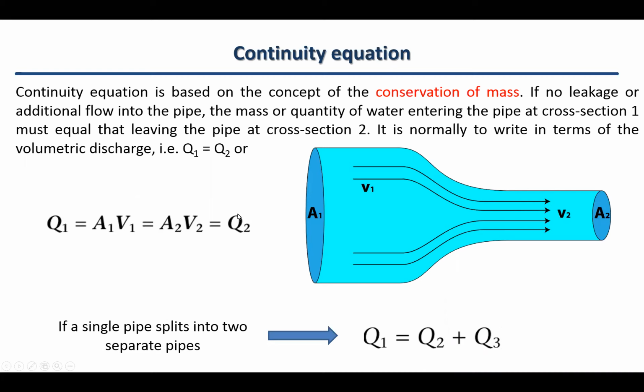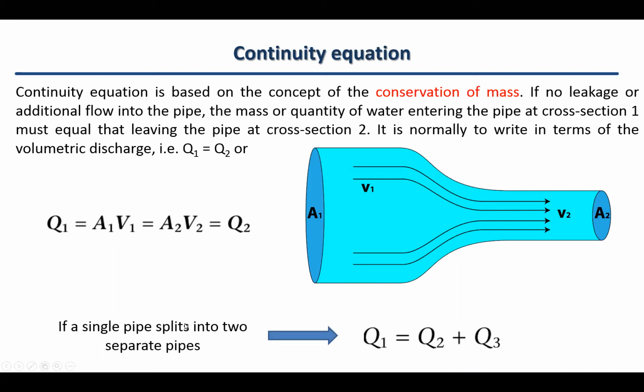So that's the discharge, a new term that we're going to learn here. Discharge is the volume of water that passes over time, and the unit of discharge is volume over time, which is equal to the cross-sectional area times the velocity at any point.